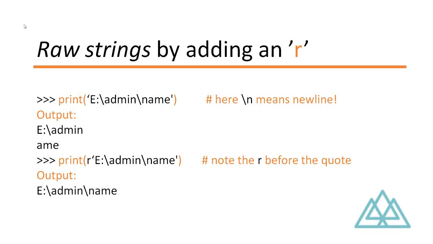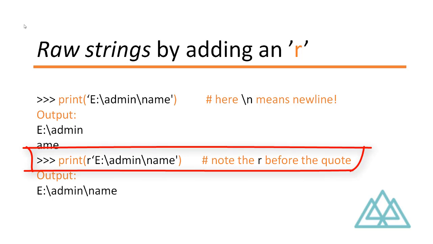If you insert \n anywhere in a string, within single or double quotes, \n is treated as a special character by the Python interpreter. But if you do not want to consider \n as a new line, then you can use a raw string.